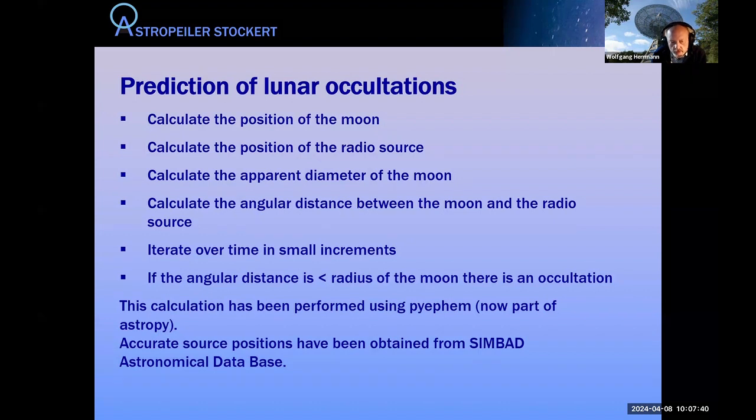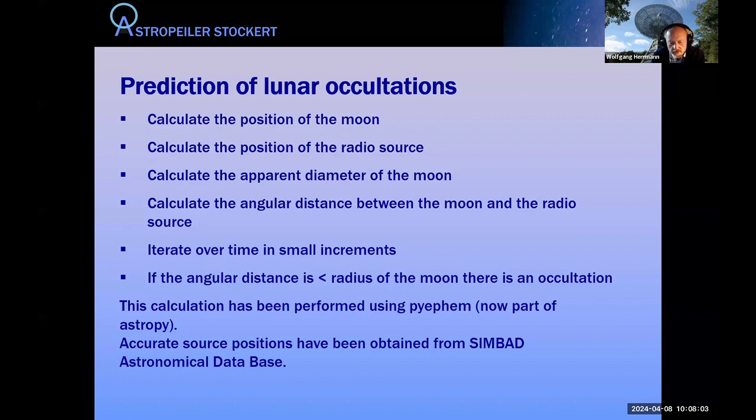You can do that for different times, in small increments. You iterate over time and look if the angular distance between the object and the moon is smaller than the apparent radius of the moon, then there's an occultation. And this can be done.